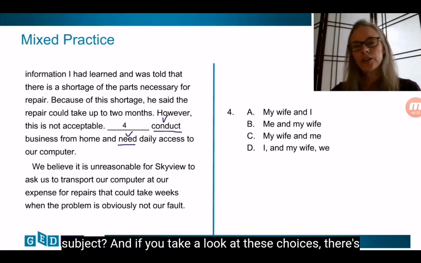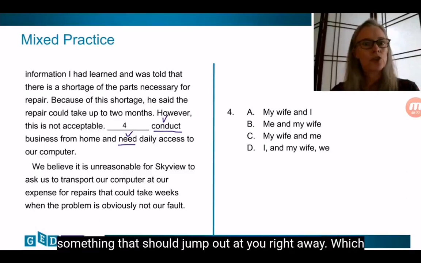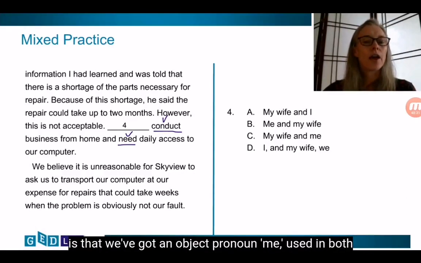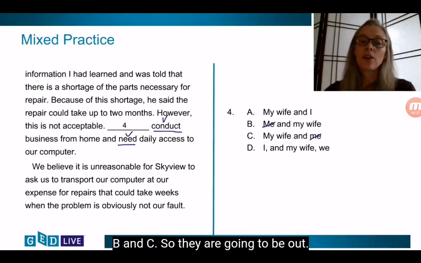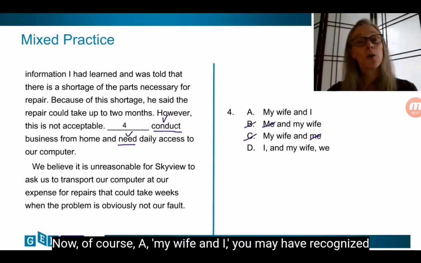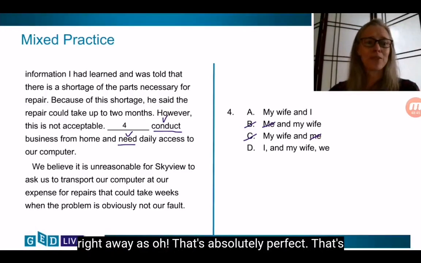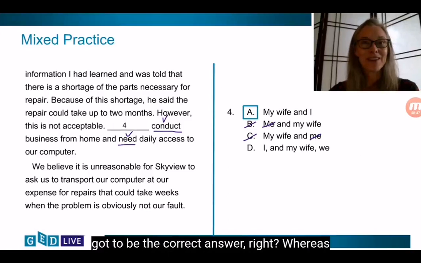And if you take a look at these choices, there's something that should jump out at you right away, which is that we've got an object pronoun, me, used in both B and C. So they are going to be out. Now, of course, A, my wife and I, you may have recognized right away as, oh, that's absolutely perfect. That's got to be the correct answer. Right?